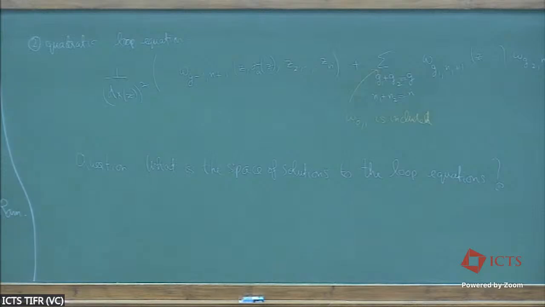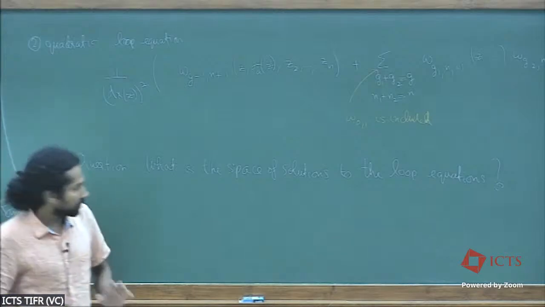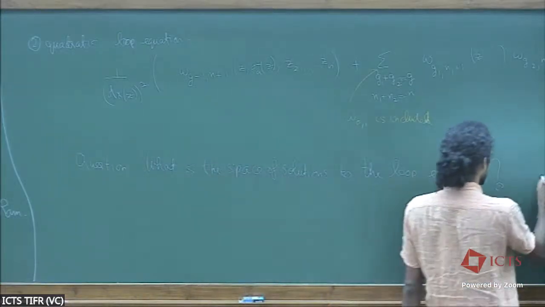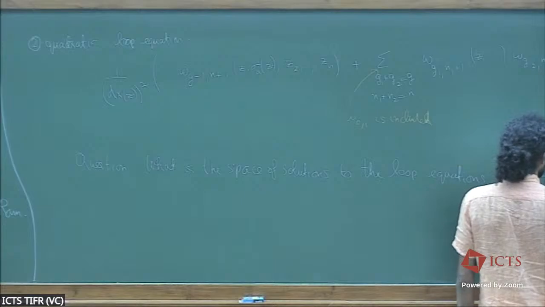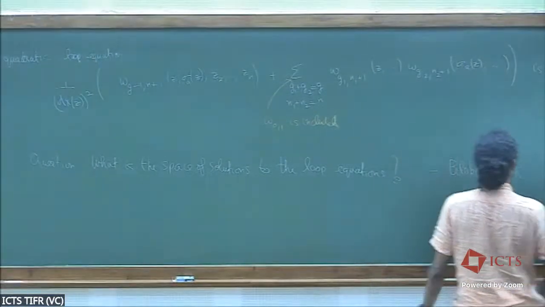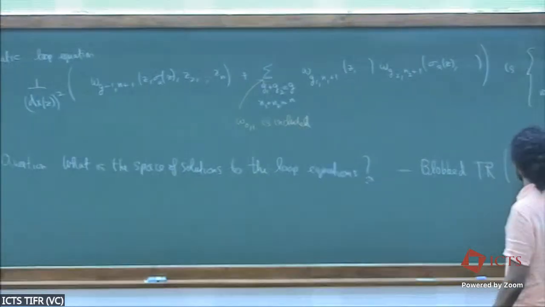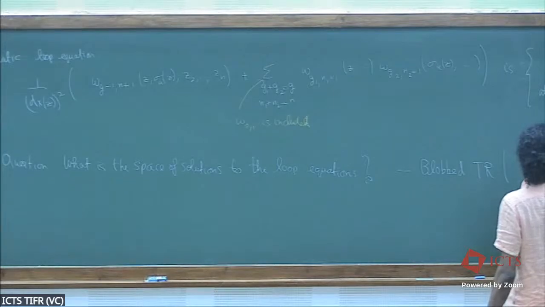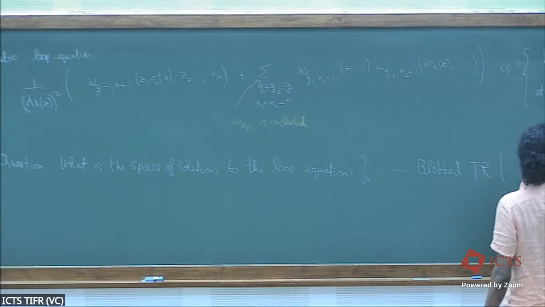You can kind of see it: if I just add purely holomorphic things, nothing changes in the loop equation. The general space of solutions is also known. It's called the blob topological recursion. I won't talk about this at all, but it means that you can add purely holomorphic terms.